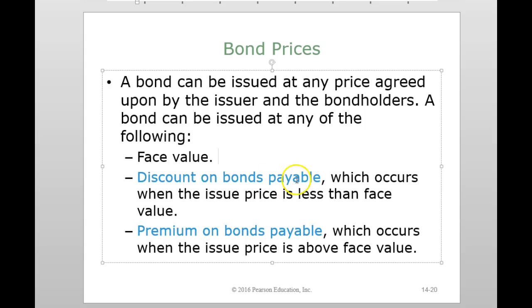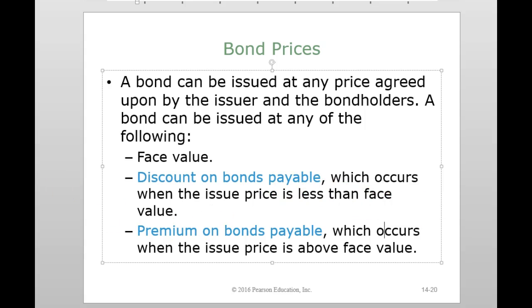But sometimes a bond will sell at a discount, which means it's going to be issued at less than the face value, or it can sell at a premium. And that would mean the issue price would be above the face value.